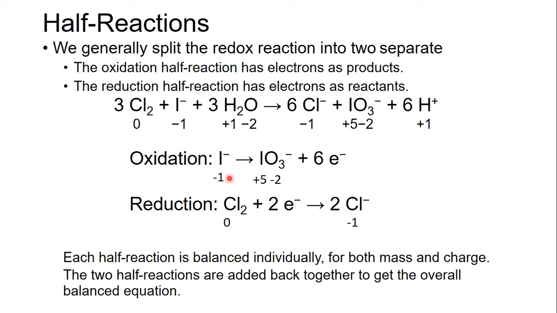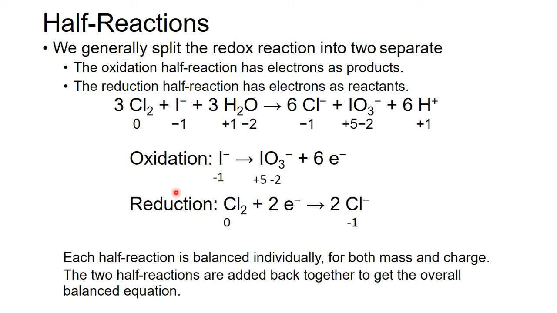And then you just see, okay, which state has lost electrons? Well, iodine went from minus 1 to plus 5, so it was oxidized. Which state gained electrons? Chlorine went from 0 to minus 1, so it has gained electrons.